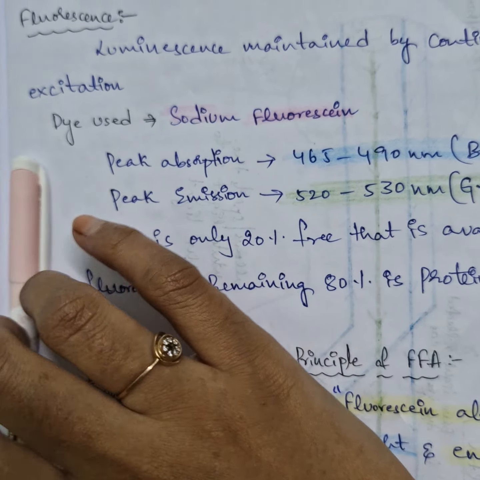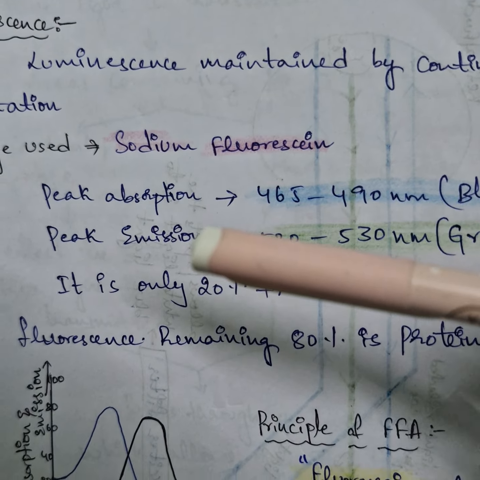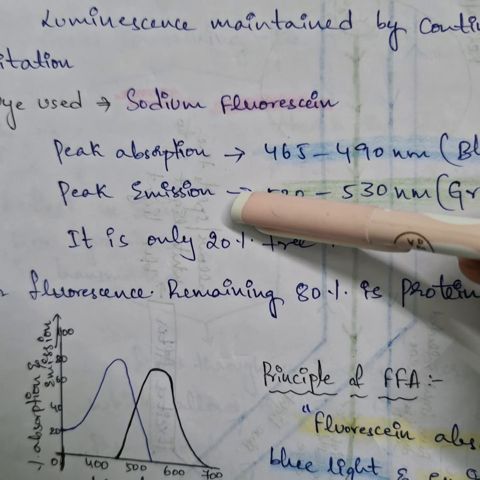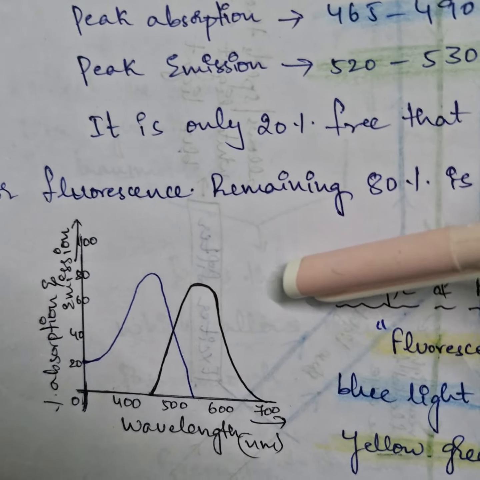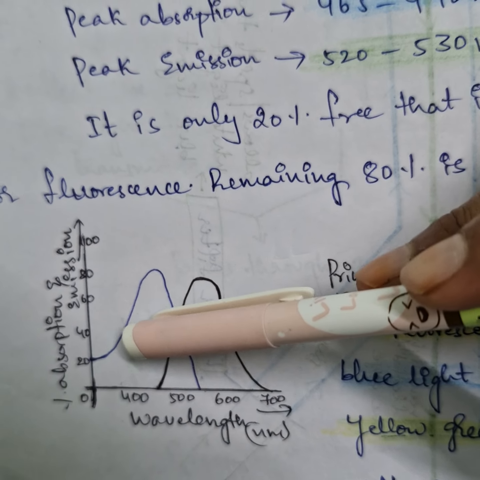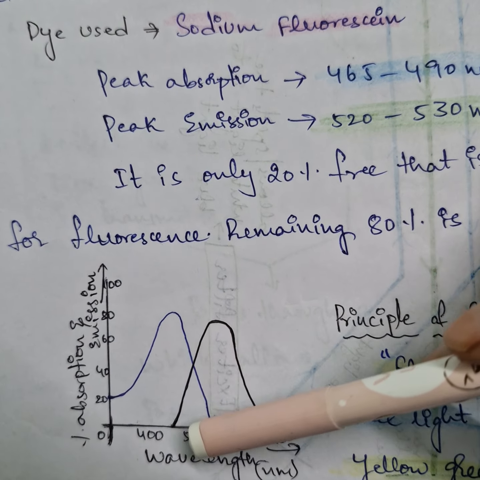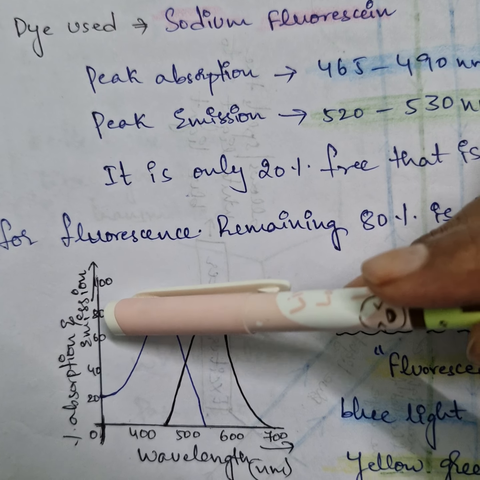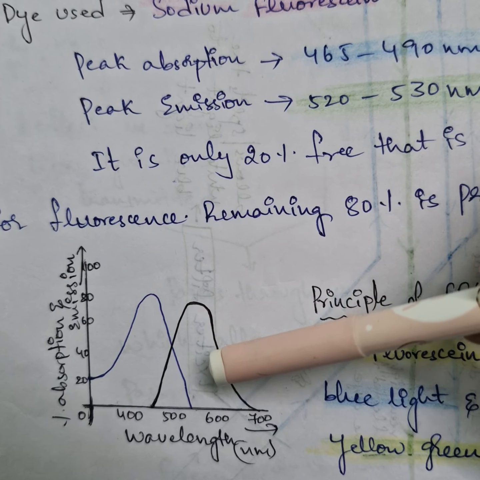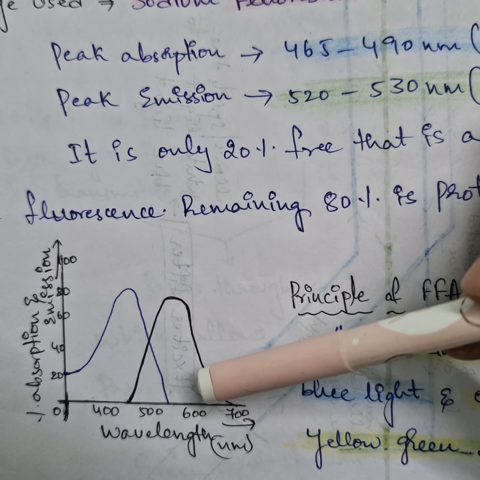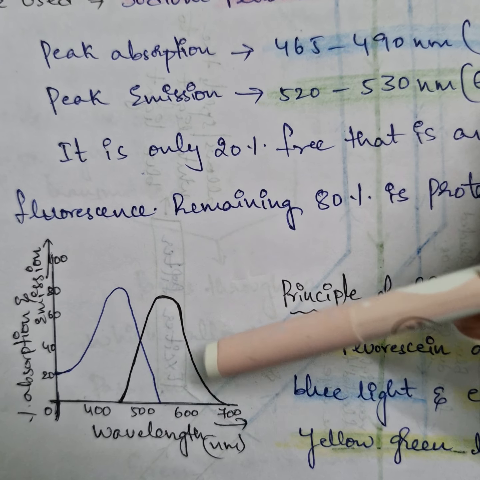When we see this peak absorption and peak emission in a graph, it will look something like this. At about 465 to 490 nanometer there will be an absorption peak, and at 520 to 530 nanometer, which falls under the green spectrum of light, there will be an emission peak of the dye.